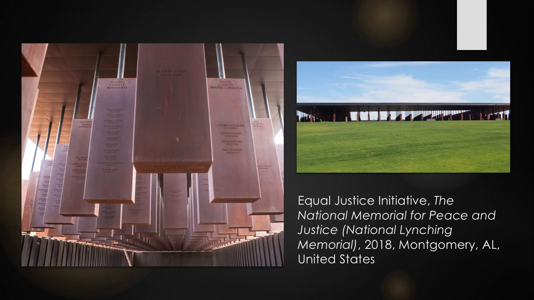It consists of 805 six-foot hanging steel rectangles representing each of the U.S. counties where a documented lynching took place. Each beam is engraved with the known names and locations of the victims of racial terrorism. So this is in Montgomery. You can go visit it if you're interested, but this is art for commemoration.